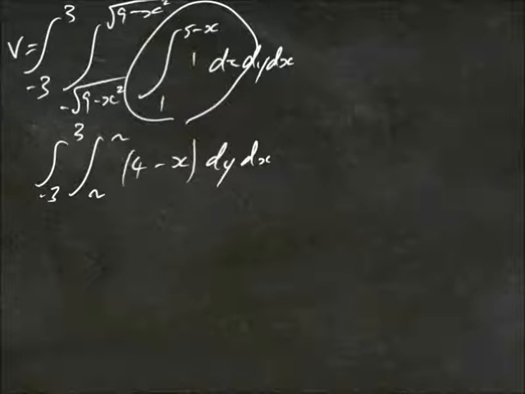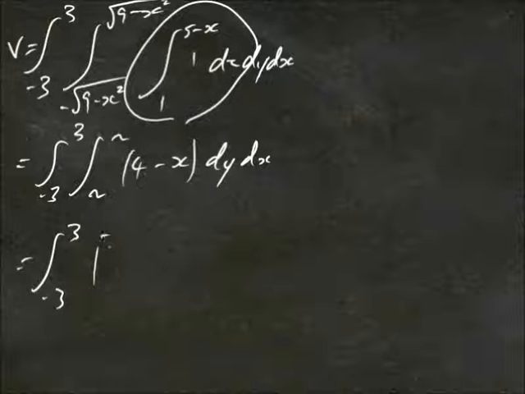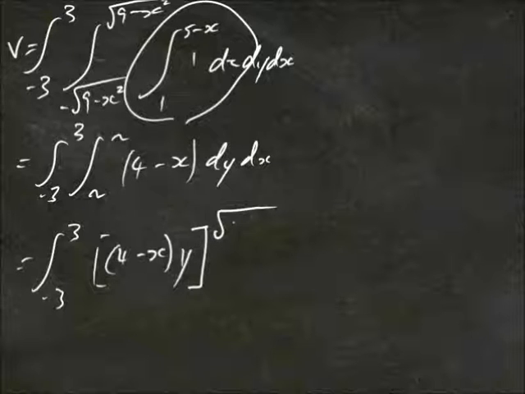Scrolling down a bit, we'll now solve our dy. So between negative 3 and 3, we'd be integrating this 4 minus x, which will simply be 4 minus x y, between square root of 9 minus x squared and negative square root of 9 minus x squared dx.